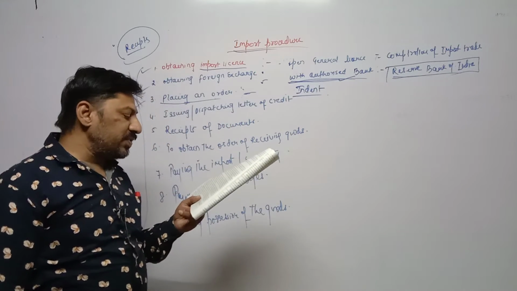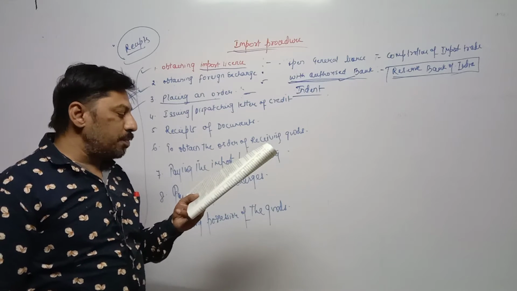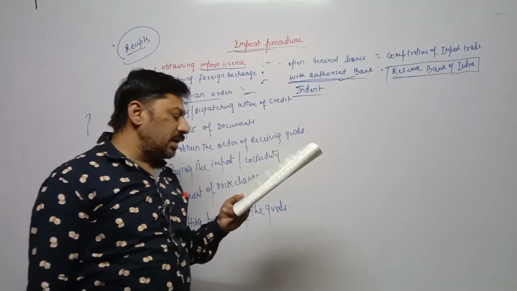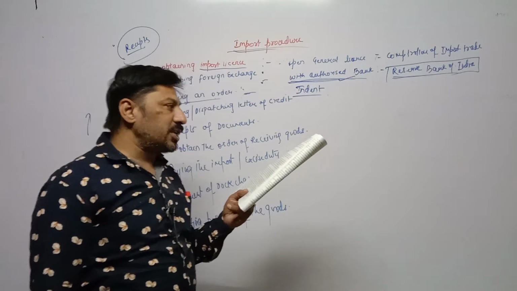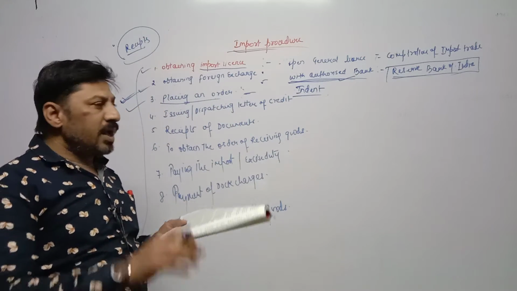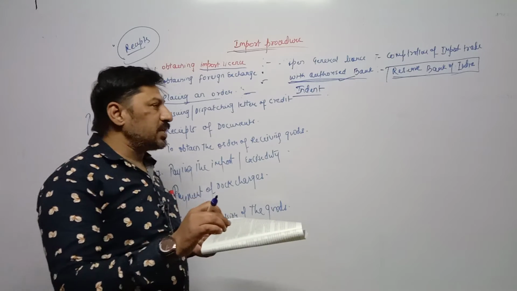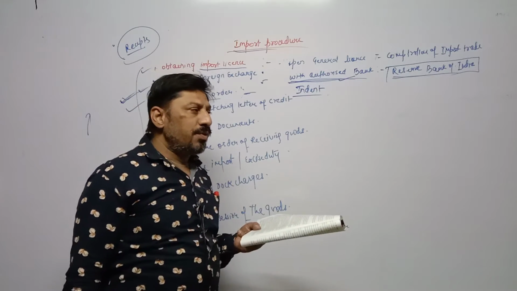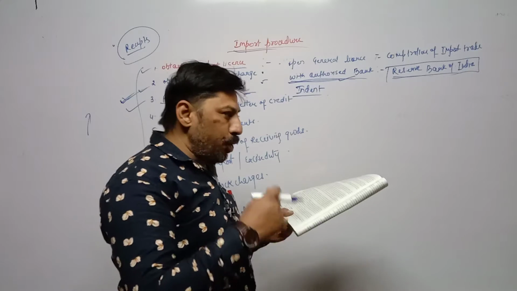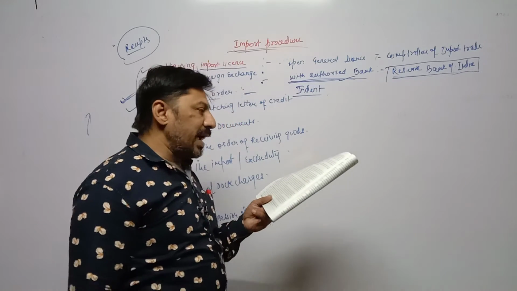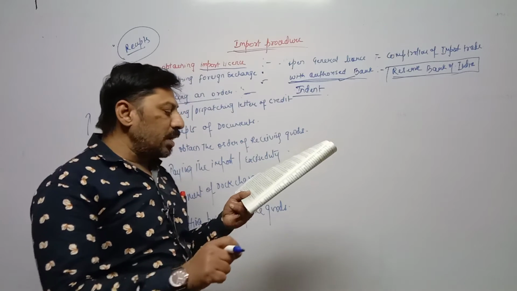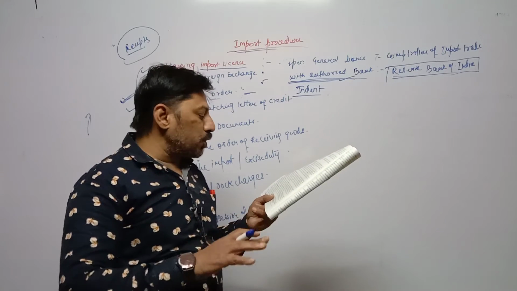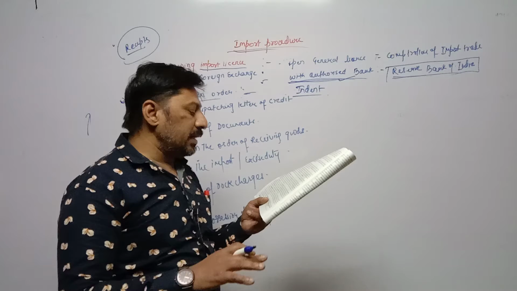The importer gives the order to the exporter or manufacturer whose terms and conditions seem suitable to him. It means the manufacturer or exporter who provides quality products at a reasonable price with easy terms and conditions, from that manufacturer the importer places an order, and that order in written form is called indent. The importer places the order for the import of goods, that is called indent.